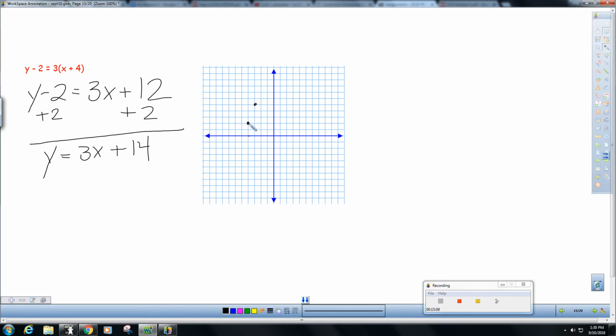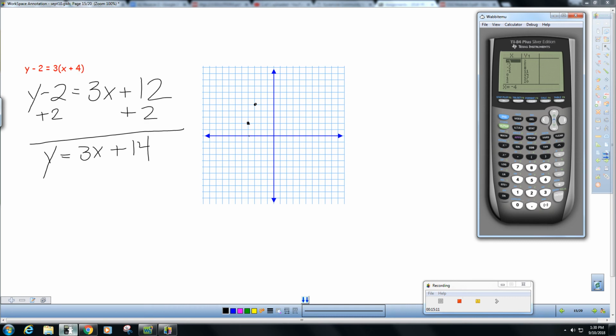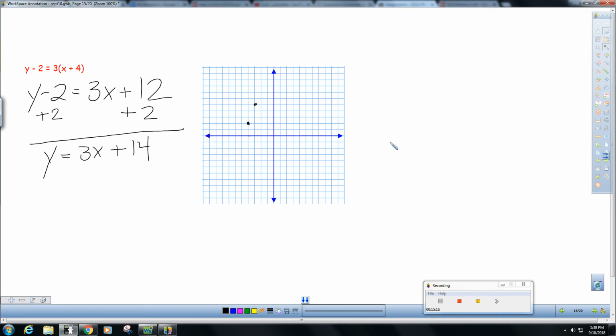Let's go to the calculator for one more point. -2, comma 8. Okay, we'll get our line tool going.